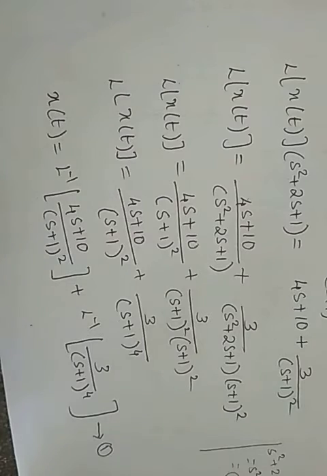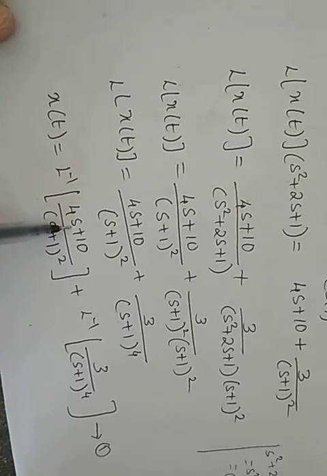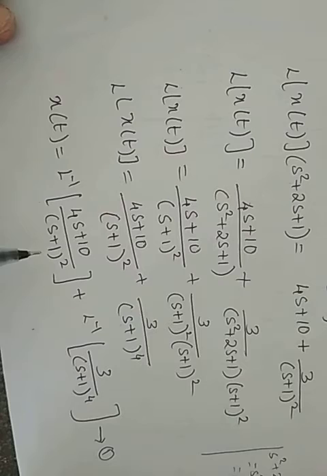We cannot write the result directly as a signal shift, because the numerator has s. So in such a case, when the bracket power is more than 1, I will use the method of inverse transform by perfect square.